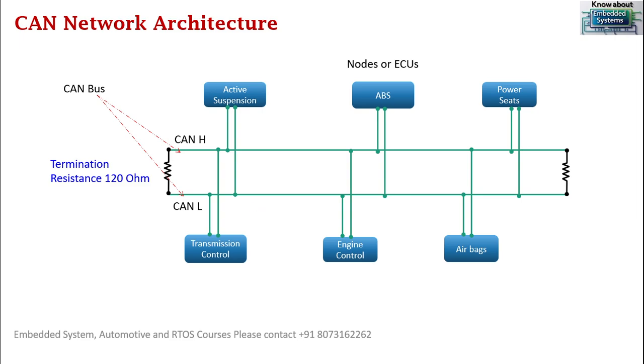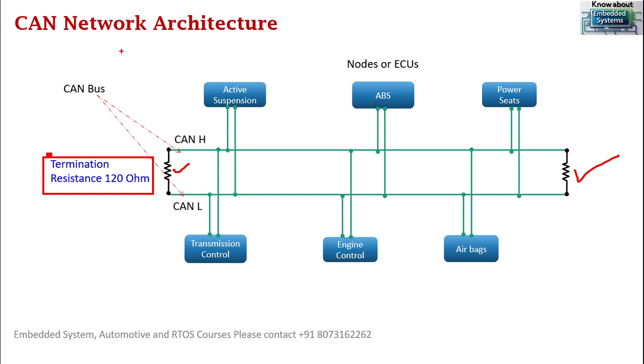The third thing is termination resistance. You can see here in the CAN bus we will have termination resistance. This termination resistance is used to avoid signal reflections. We are going to use two resistors, one at each end, to compensate and nullify the signal reflections, and the value of these two resistors is 120 ohm.